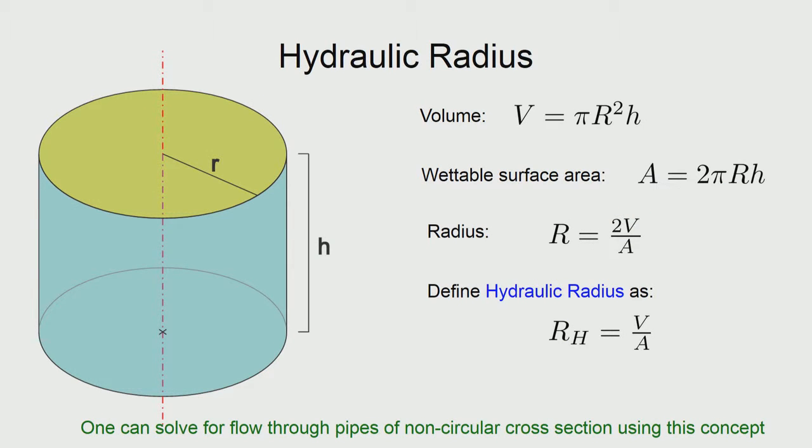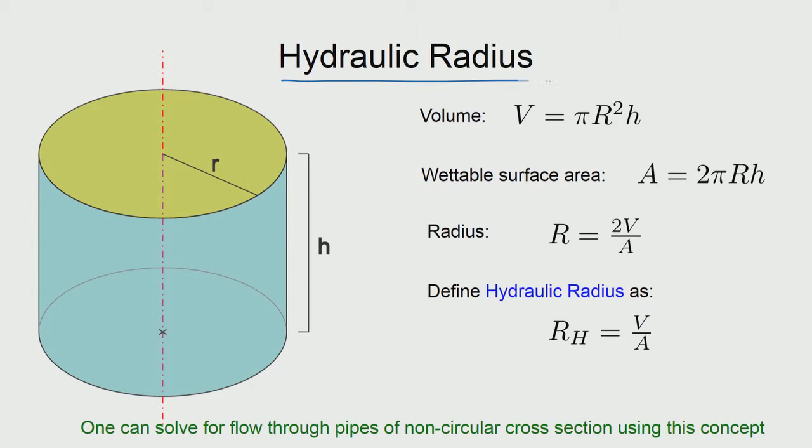When we have a pipe that is not exactly of circular cross section, then what do we do? Here is a concept that could be of use to us: the hydraulic radius. When we look at the volume through which the liquid is flowing, it is given by the cross sectional area, which is pi r square, times h.